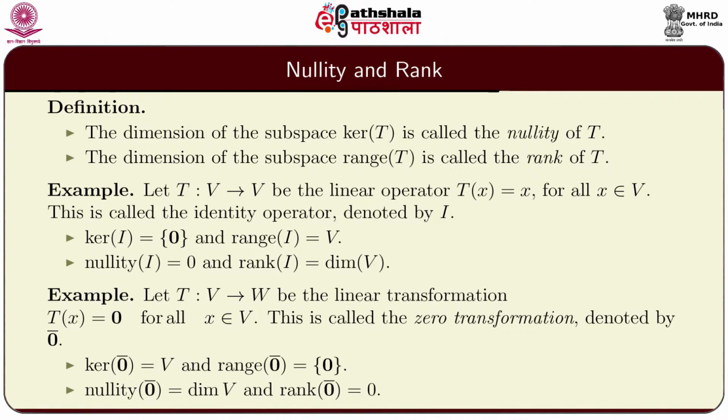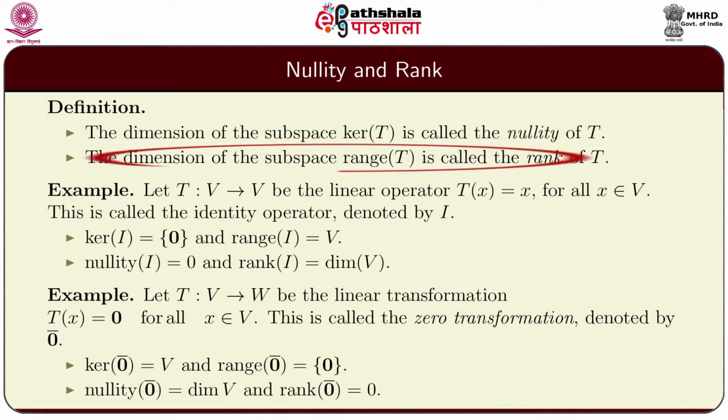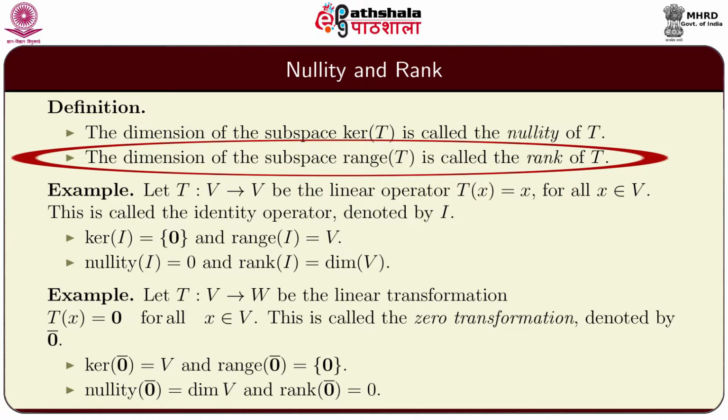We define the concepts of nullity and rank of a linear transformation T. Nullity of T is the dimension of the subspace ker T or the kernel of T, and rank of T is the dimension of the subspace range T.